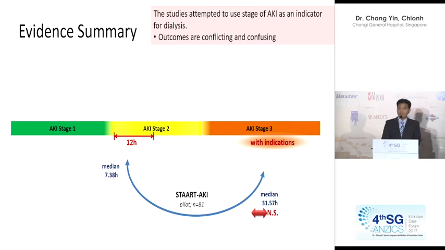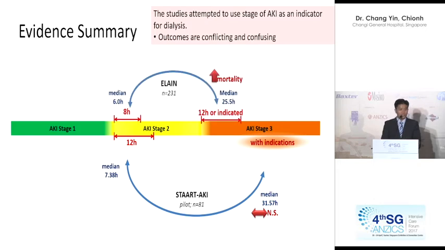And they found no differences in terms of survival, whether you start early or you start late. The other one is the ELAIN study, comparing when the patients are initiated on some form of RRT 8 hours into stage 2 AKI, or within the first 12 hours of stage 3 AKI, or when there are marked indications for RRT.